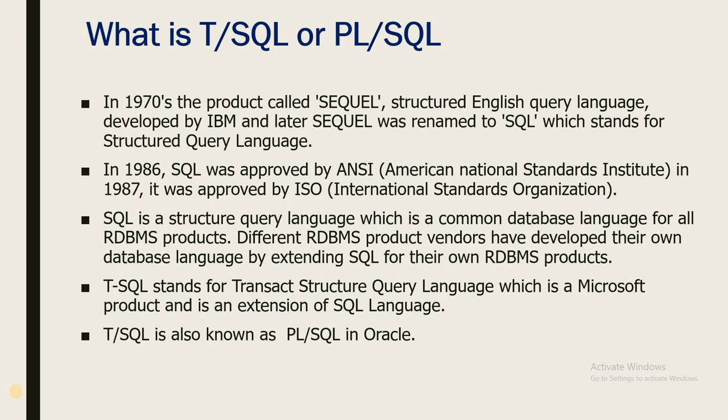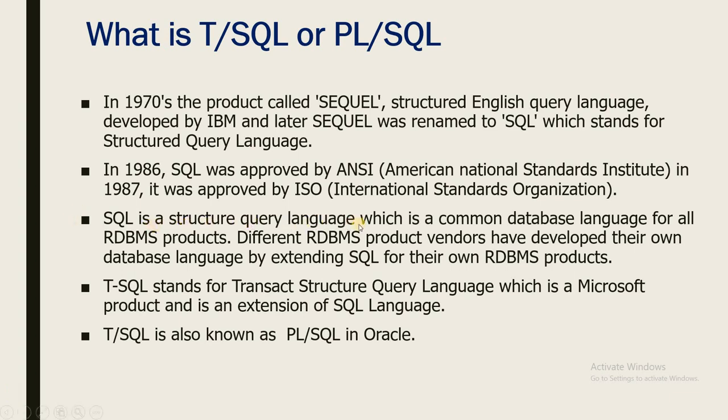In the 1970s, a product called SEQUEL, Structured English Query Language, was developed by IBM, and later SEQUEL was renamed to SQL, which stands for Structured Query Language. In 1986, SQL was approved by ANSI, the American National Standards Institute, and in 1987 it was approved by ISO, the International Organization for Standardization.